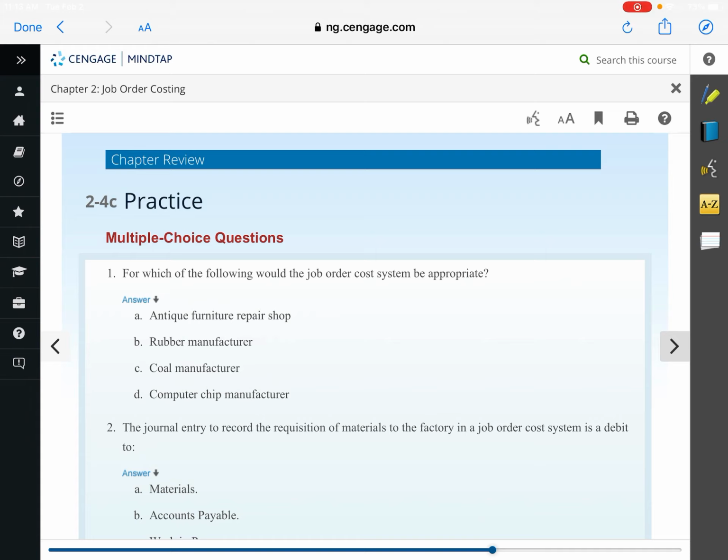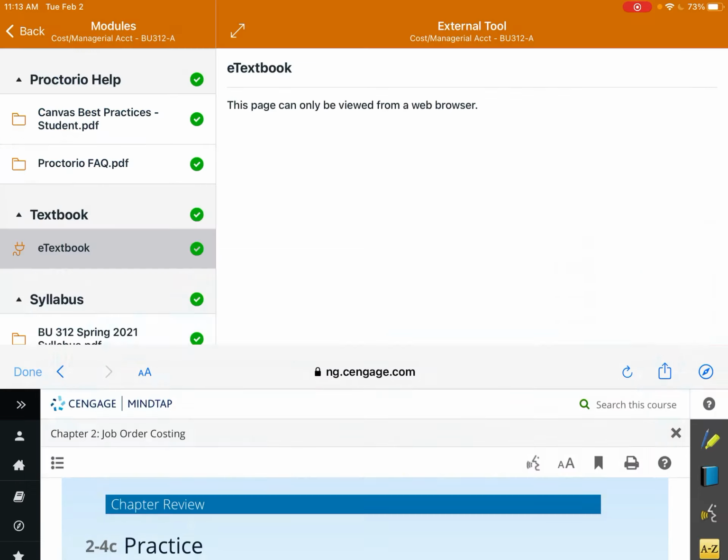Or actually, I know what we'll do. We'll look at your test prep together. If you go to modules, and then to this week, test prep number 1.